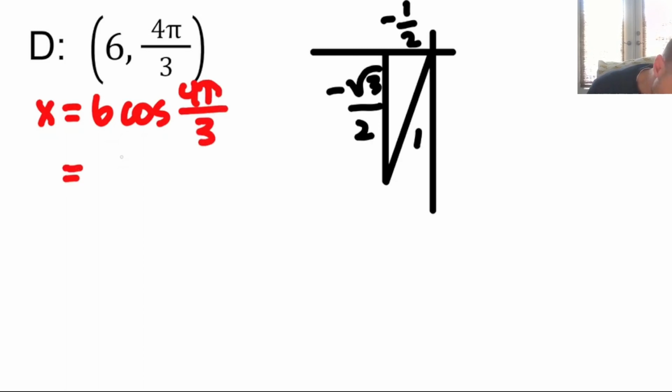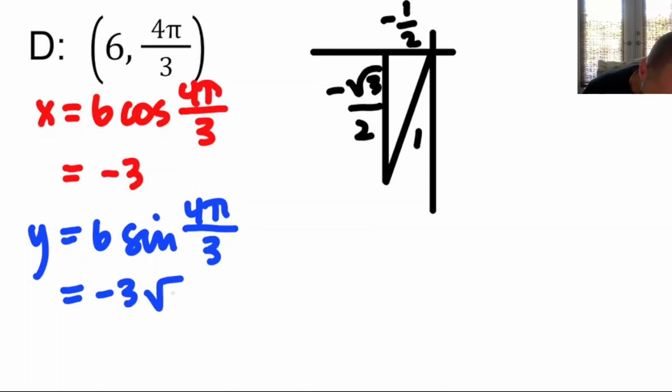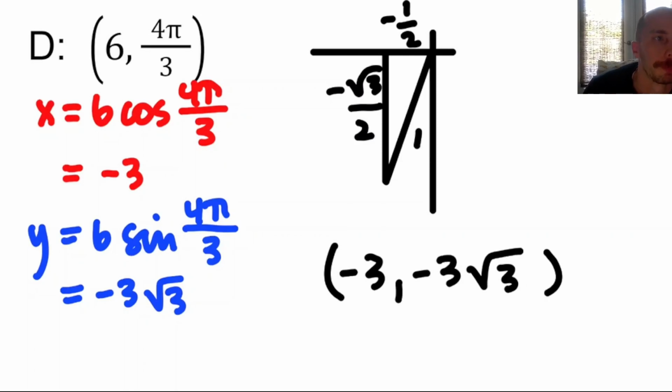So 6 times negative a half is negative 3. And then y is going to equal r sine theta, which is going to be 6 times negative root 3 over 2. I divide the 6 in half, and that'd be 3, so negative 3 square root of 3. If I want to write these as a coordinate, I'd say negative 3 and negative 3 square root 3.